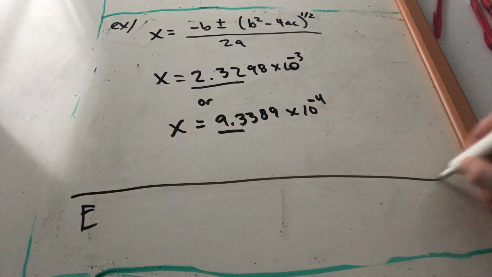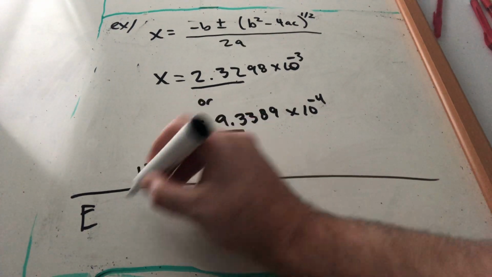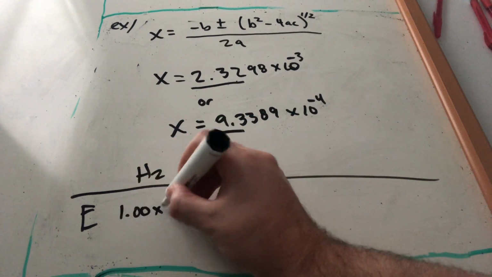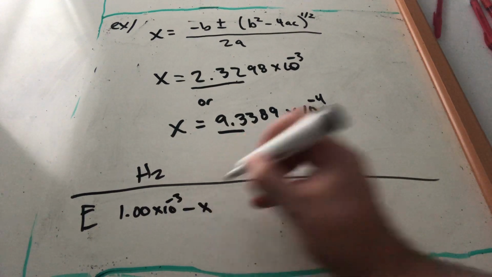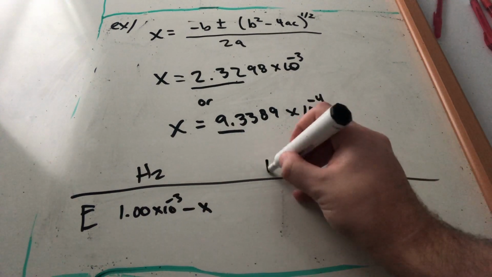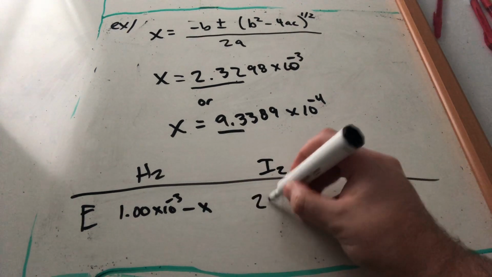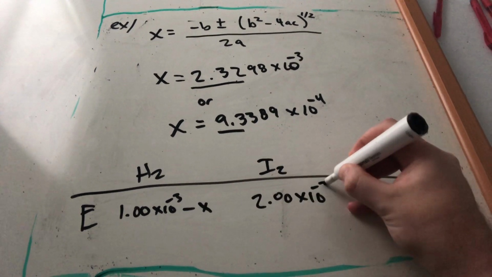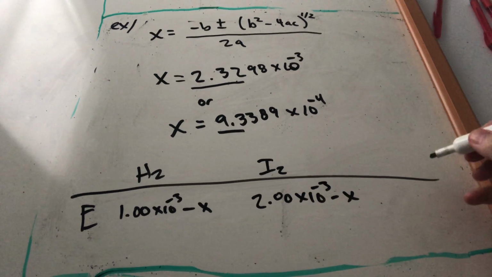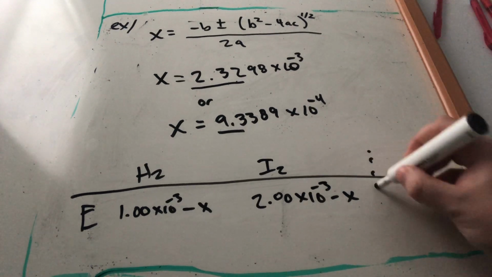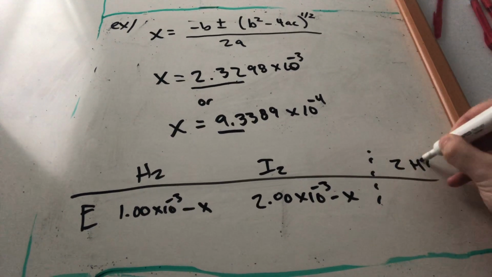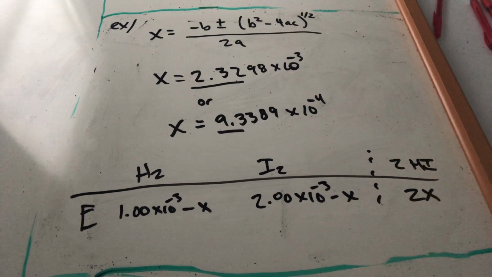Underneath the H2, we had 1.00 times 10 to the minus third minus x. Underneath the I2, in our E spot in our ice table, we had 2.00 times 10 to the minus 3 minus x. And then over here with our 2HI, we had a 2x.